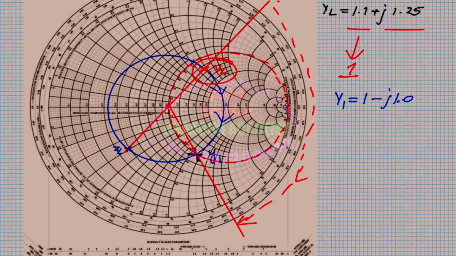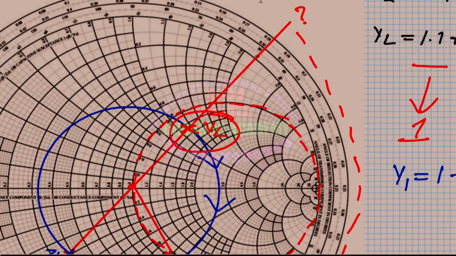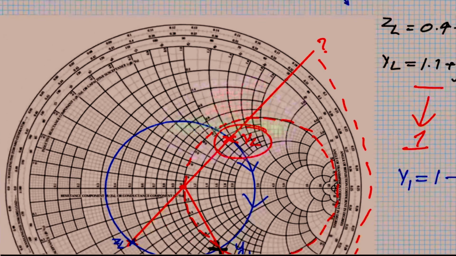So I want you to read the value which is over here. I am moving towards the generator. So right from YL I am supposed to move towards the generator, so towards the generator means it's the outer value. So I'll just write that.